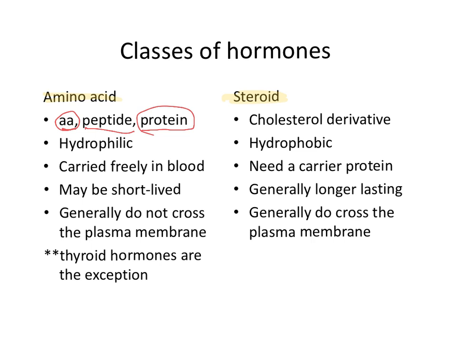Most amino acid hormones are going to be hydrophilic, okay? And what this means is that they are polar and that they are compatible with water. This allows them to be carried freely in the blood. They do not need a carrier because they will mix in that watery environment of blood.